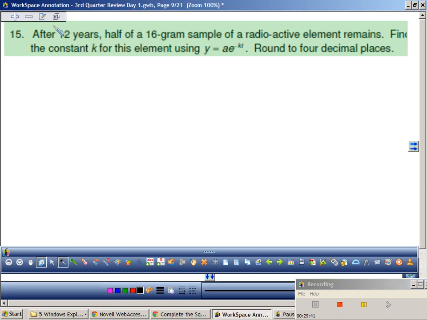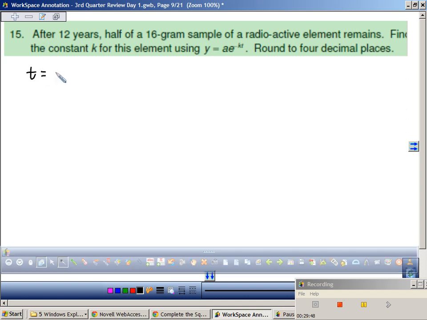Okay, let's do number 15. After 12 years, half of a 16-gram sample. So T equals 12. It says 12 years right there, right? Half of a 16 sample, so what's A? What did it start with? What did we start with? 16. What did we end with?